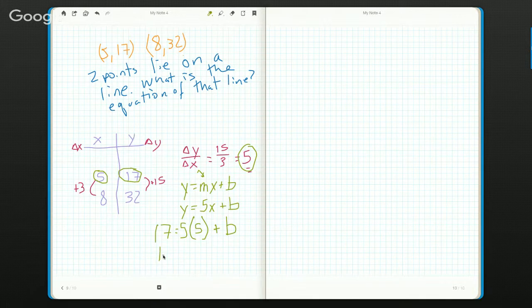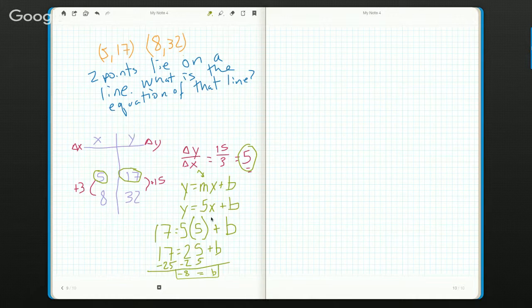So we're going to say, well, 17 equals 25 plus b. Now if I subtract 25 from both sides, I get b is equal to -8.